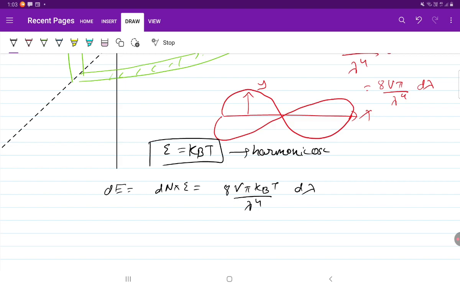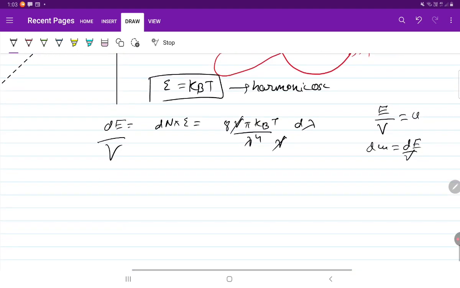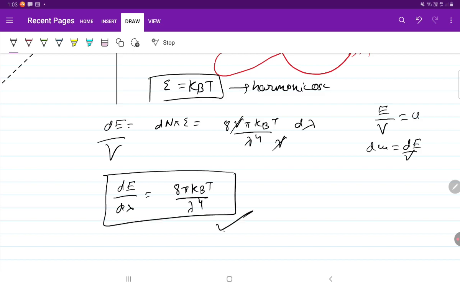And if you ask me about energy density, it is written as energy per unit volume, and volume is L³. So the differential energy density, written as u, will be written as dE/V. Now dividing by V on both sides, we get du/dλ = 8π kBT/λ⁴. And this is a very powerful formula.